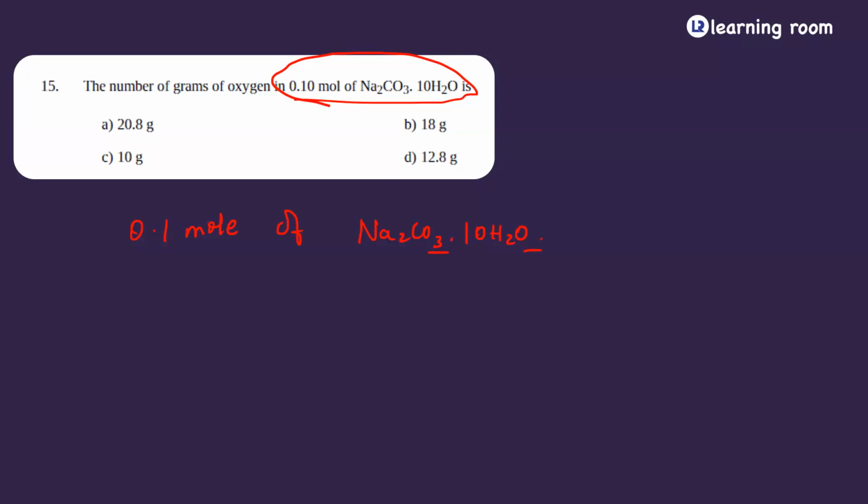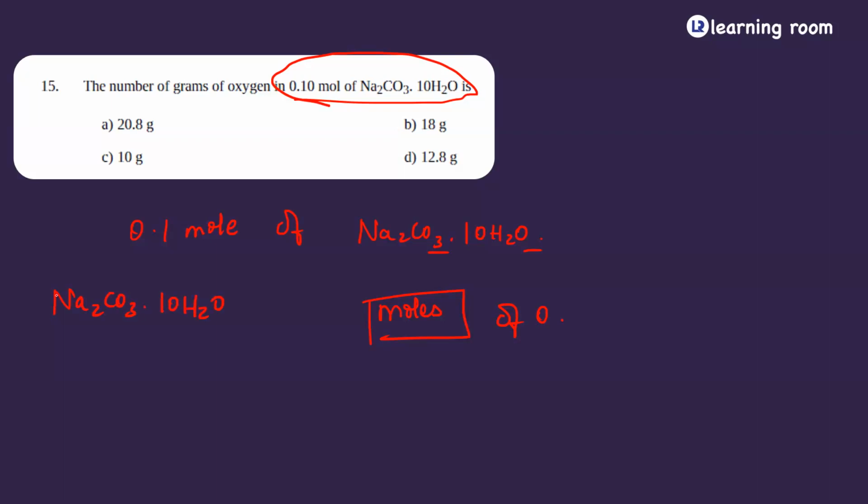Number of grams of oxygen — we have to find it from the moles. So given mass by molar mass, first we need the moles. Just a minute. First you have to identify the moles of oxygen present. How will you identify? I'll make it simple. You have Na2CO3·10H2O.